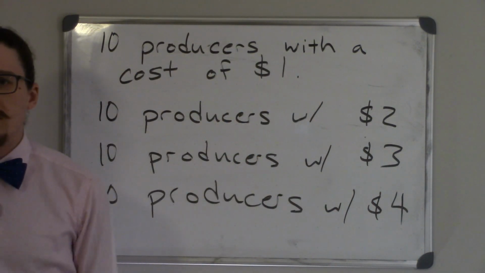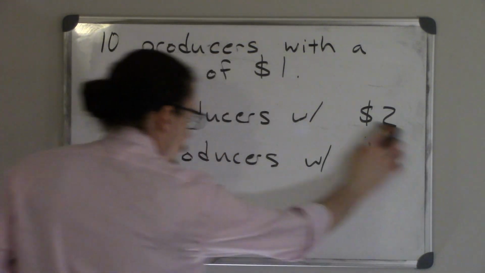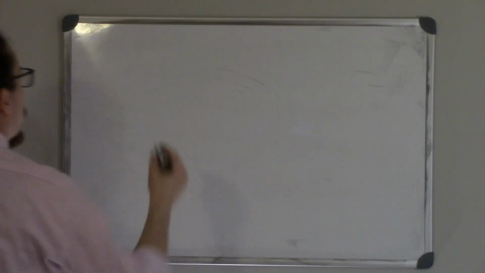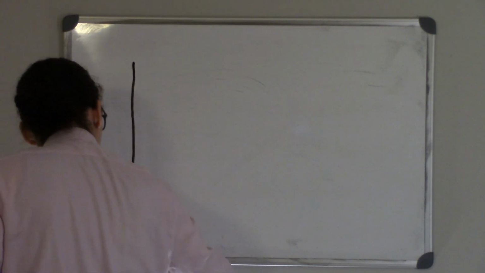So what we have on the board is essentially enough for us to create a supply curve. Hopefully you got this written down because I'm about to erase it.